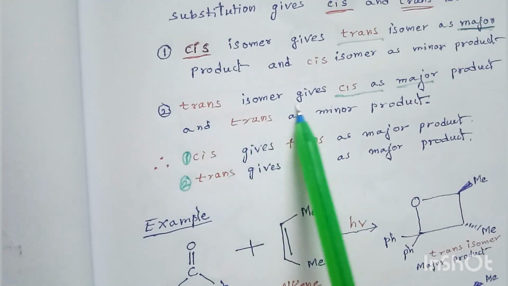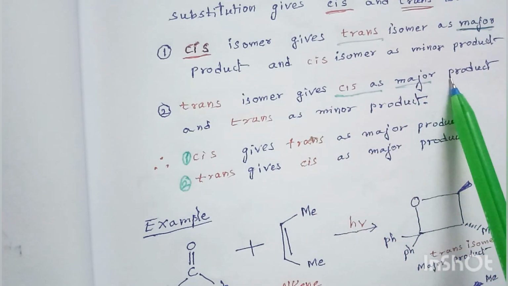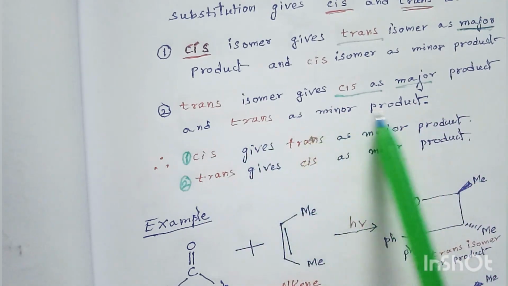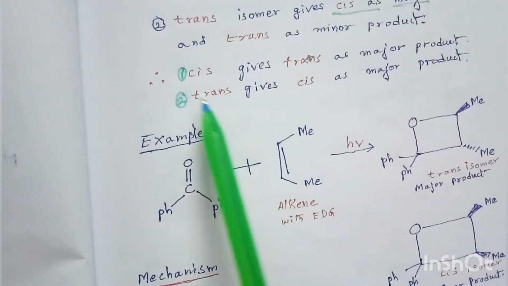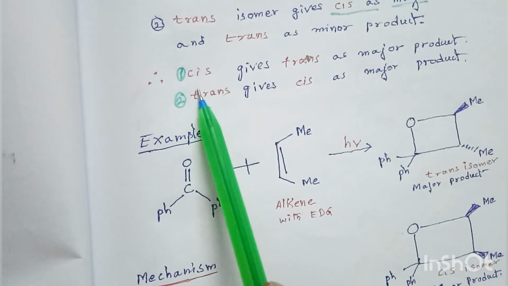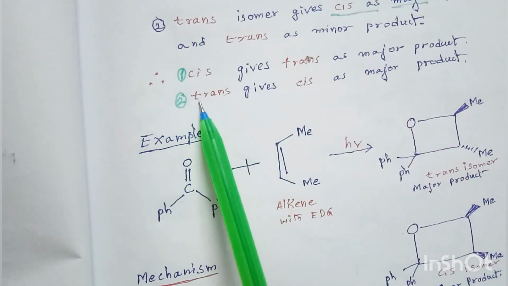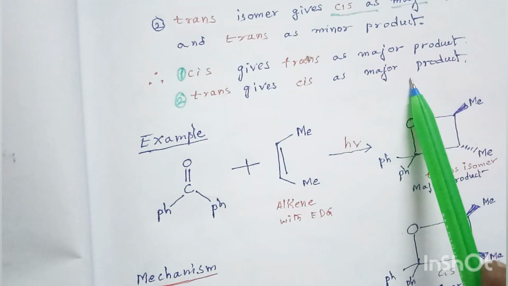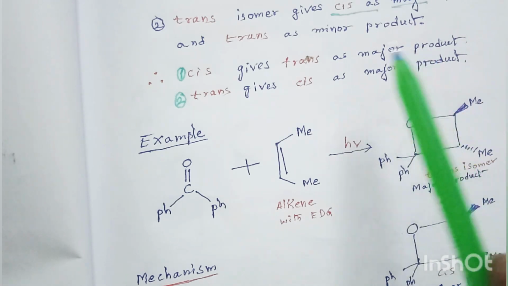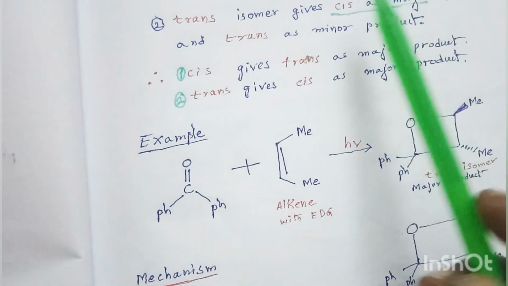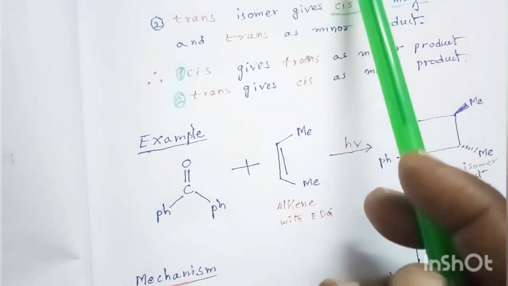Trans isomer gives cis as major product and trans as minor product. In short, we can say cis gives trans as major product. Trans gives cis as major product. When the alkene is substituted with electron donating groups.